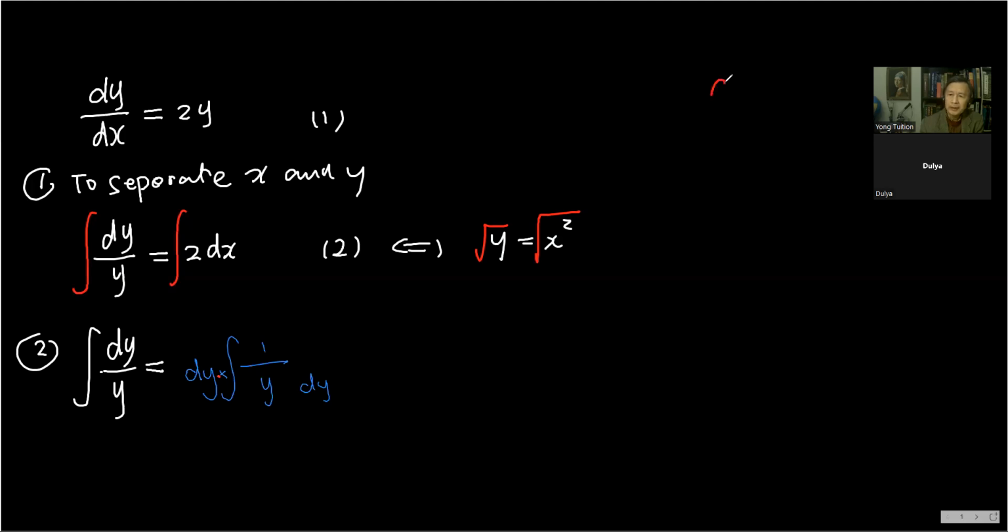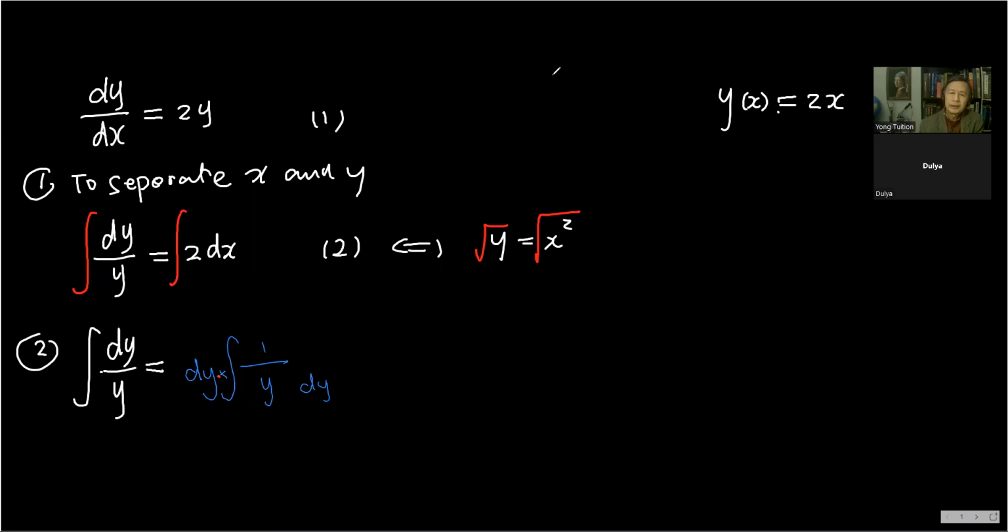We often write the function as, let's just give an example, y as a function of x, right? So if I have y equal to 2x, we can also integrate, but in this case, you have to add the dx, right?